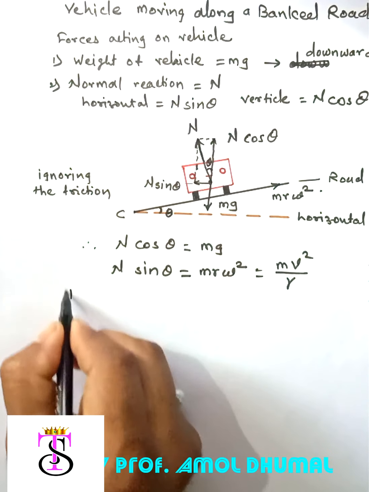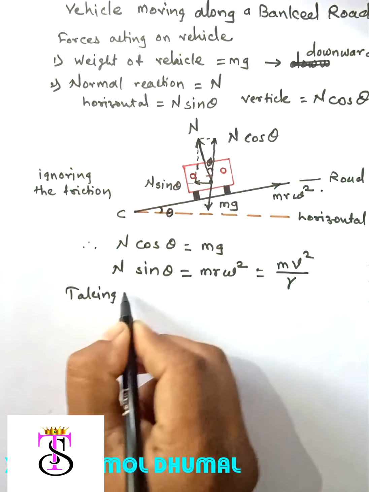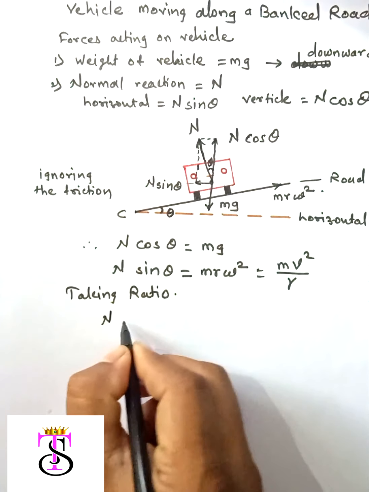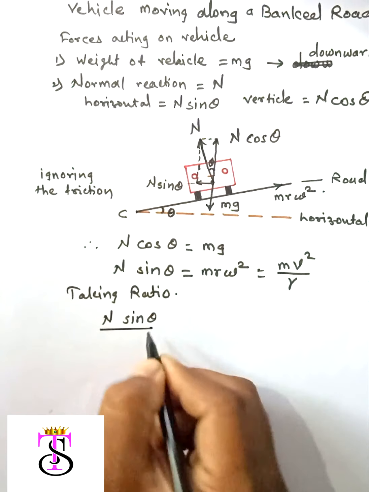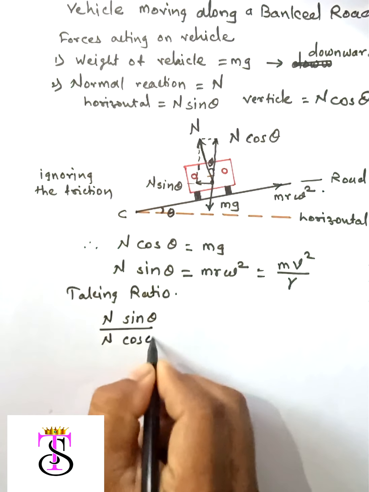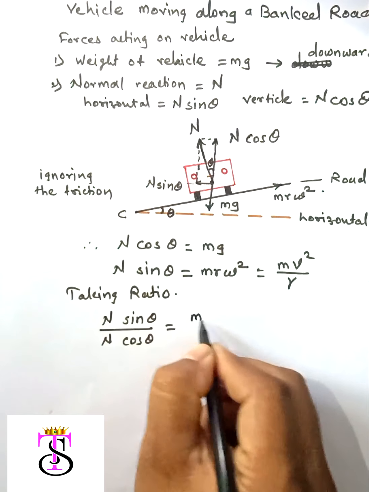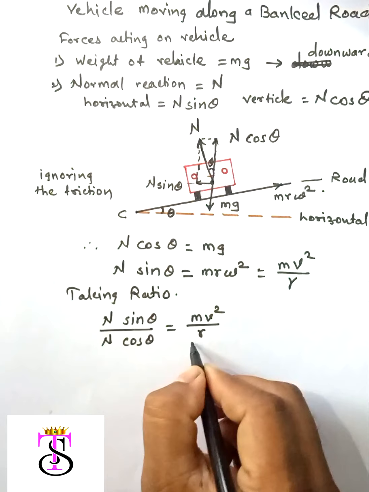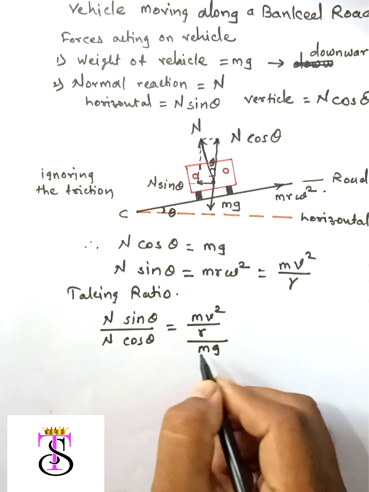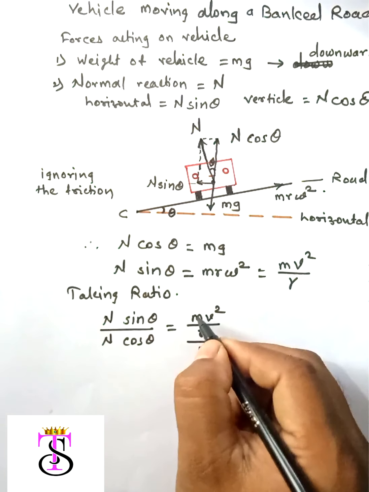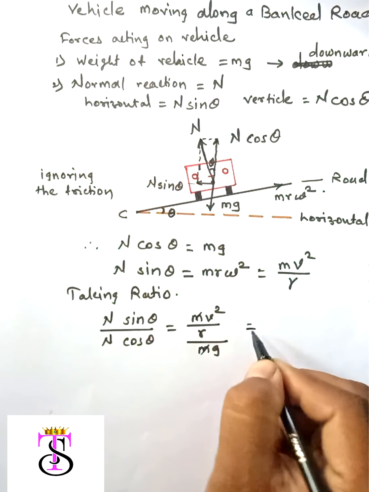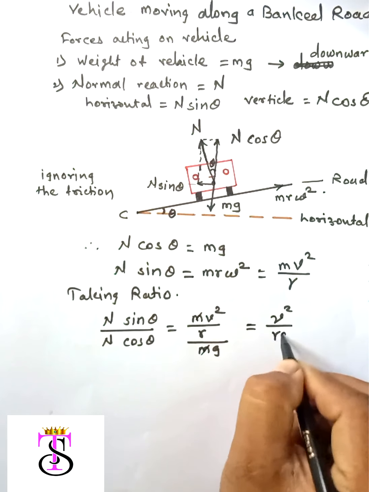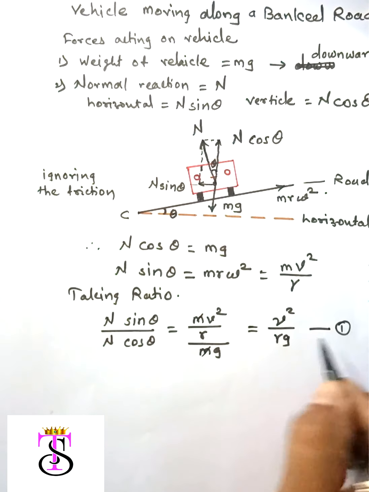So taking the ratio, what we get, n sin theta upon n cos theta is equal to m v square upon r mg. So m will get cancelled, we get tan theta equal to v square by r g. Mark this as equation 1.